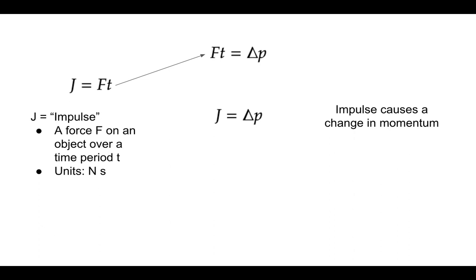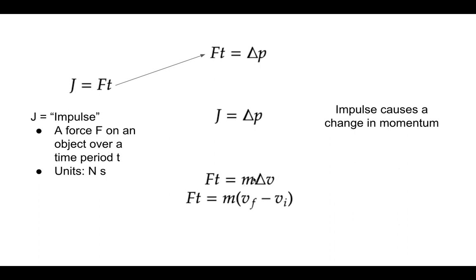Now, I don't really like writing the equation this way. I would rather write it like this, because I know my variables a little bit better here, and it skips a step. Again, force times time is just our impulse, and that equals our change in momentum. I wrote it like this because when we have a change in momentum, it's because we have a change in velocity.